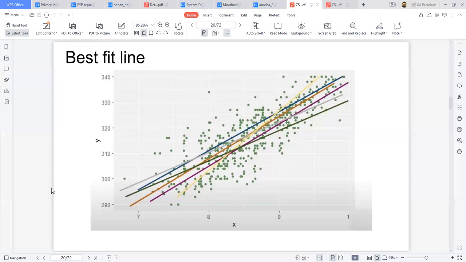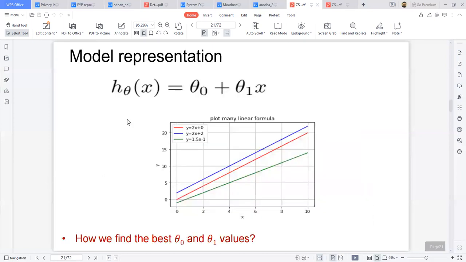How will we do this? We can check here, as was already explained. We can just fix the value of theta naught, considering it as 0. Then the value will pass exactly through these points.